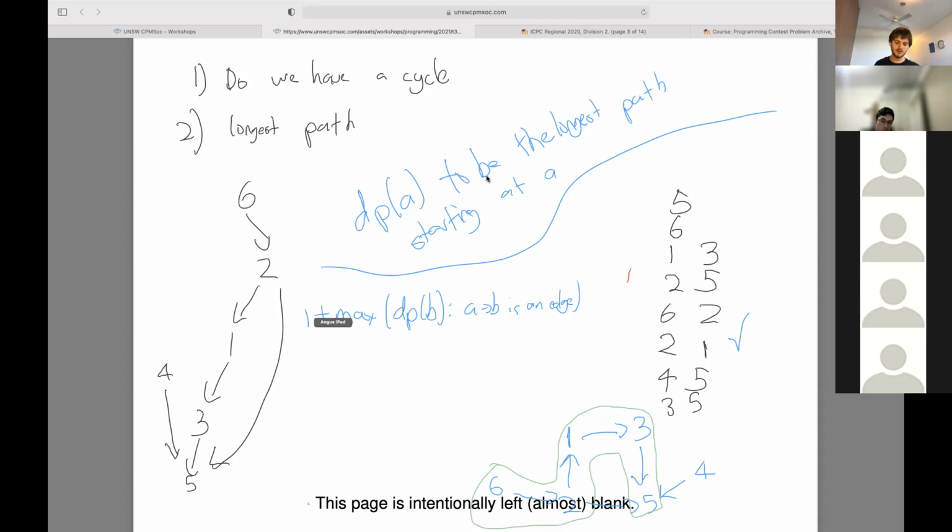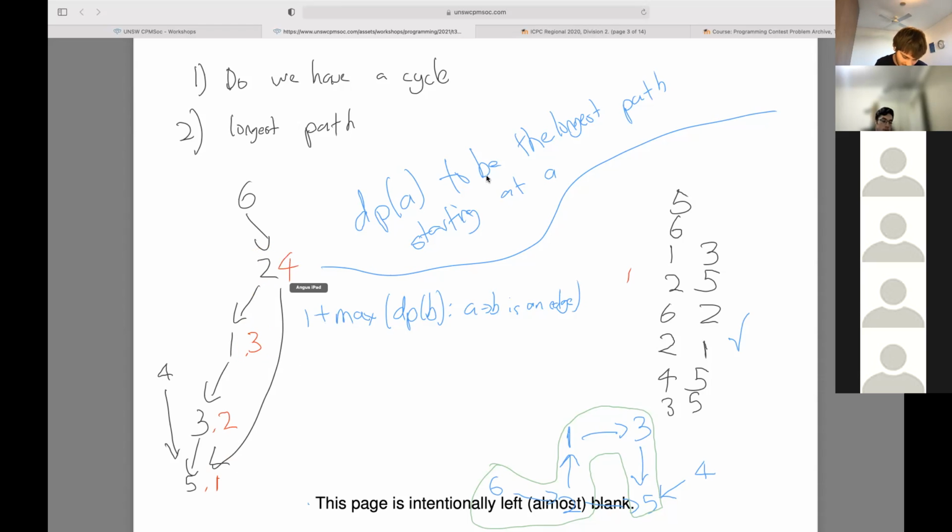So as an example, dp of 5 is 1. dp of 3 is, well, there's only 1 edge out of 3, and that's to 5. So we get that value and add 1, we get 2. Then for 2, it's the maximum of 3 and 1, our 2 children, plus 1. So 3 plus 1 is 4.